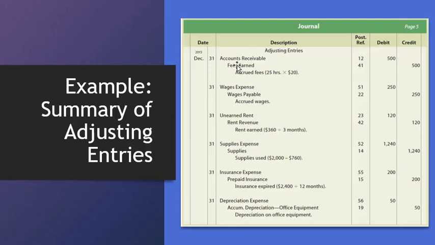So they're debiting accounts receivable, crediting fees earned, which is a revenue account. So they're debiting receivable, credit revenue. It looks like employees have worked for a period of time that they haven't been paid for. This is an accrued expense. So they're debiting the expense account, crediting the payable account. And you can see the rest of these examples as well.